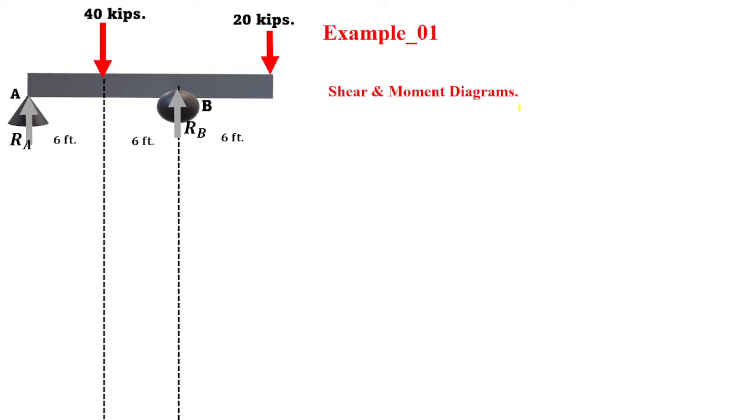To draw the shear and moment diagram, first of all, the summation of moments about point A goes to 0.